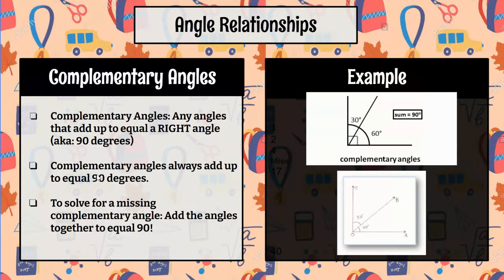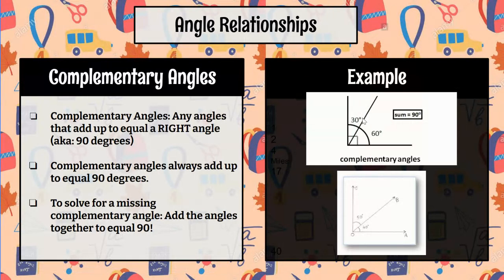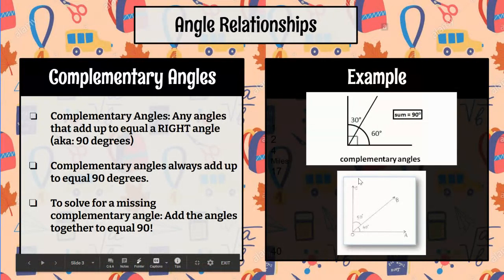Complementary angles always add up to equal 90 degrees. To solve for a missing complementary angle, you're going to add the angles together to equal 90. That's going to make a little bit more sense tomorrow. But what I need you to remember is complementary angles add up to make a right angle, which is 90 degrees. Here's 30 and 60, those equal 90. Here's 50 and 40, those also equal 90.